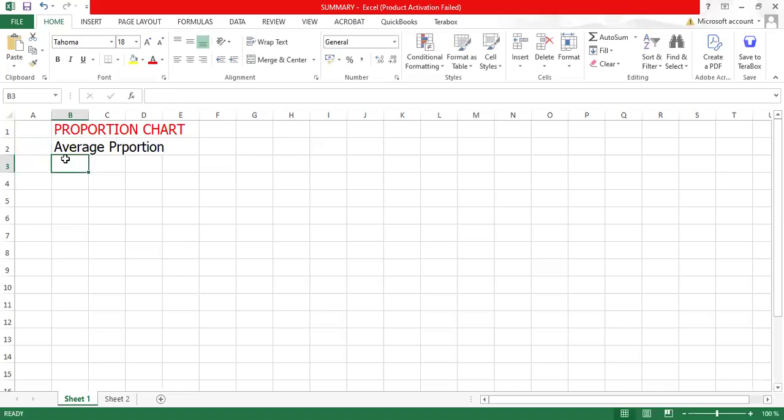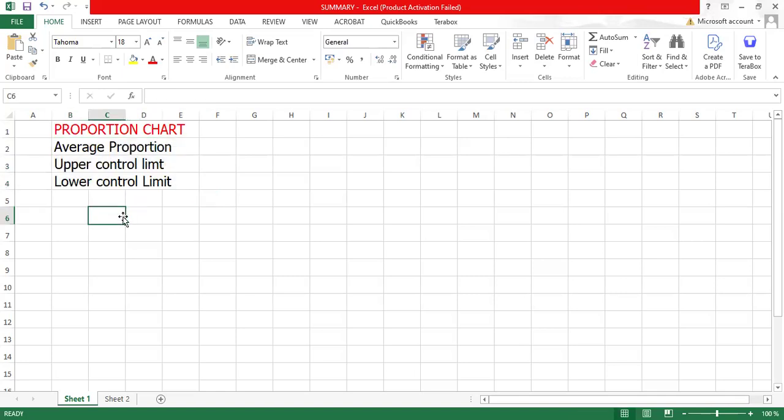And then you also need the upper control limit, and then you need the lower control limit. Whether you're doing mean, proportion, or range, you need these three on your chart.